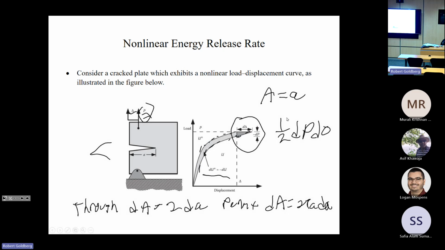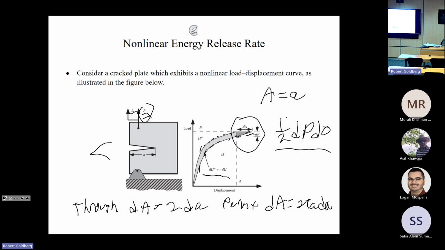So this little triangle here represents the change in the strain energy if you do displacement controlled versus load control. And normally for most materials, this dP times d delta will be pretty small.